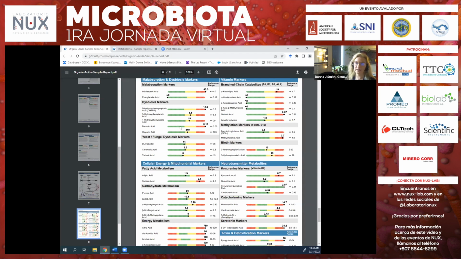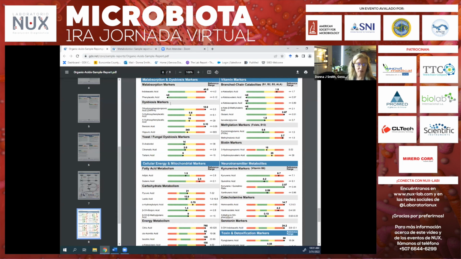So whenever there's an elevation here, our recommendation would be to do a GI effects stool report, and that would give you the most direct look at the GI tract and how it's functioning, and especially how to affect the healing. Now, in general, when we see these elevations, we're looking at how amino acids are being digested, absorbed, and processed.